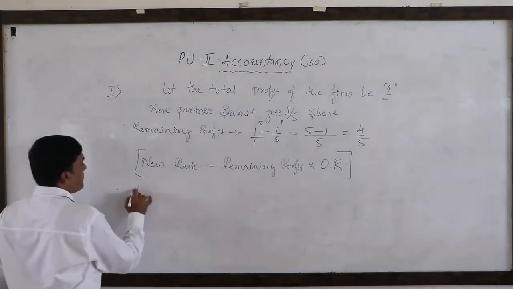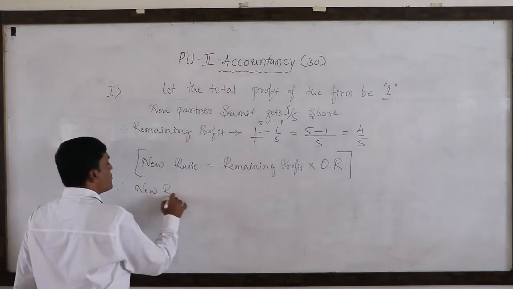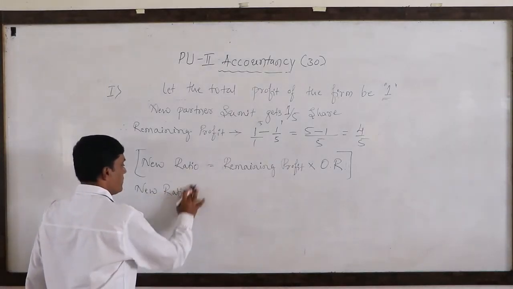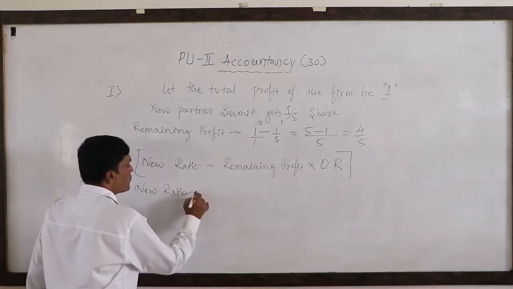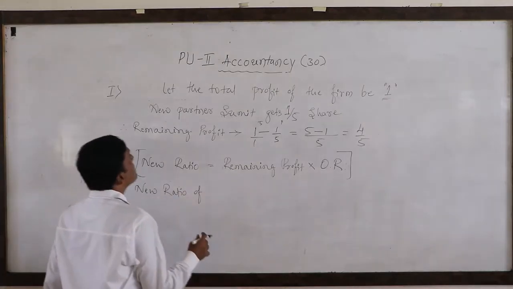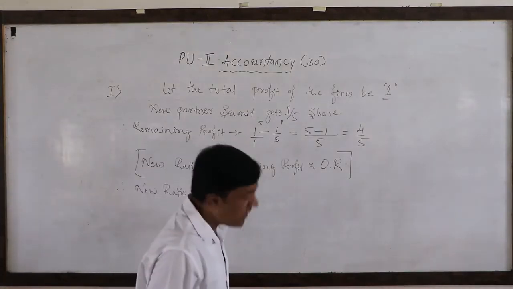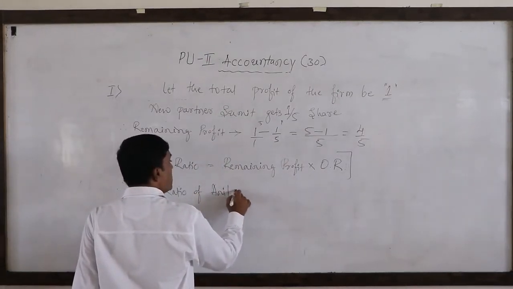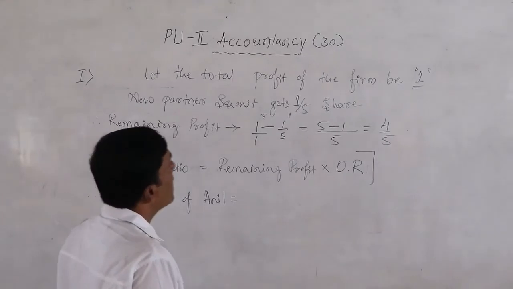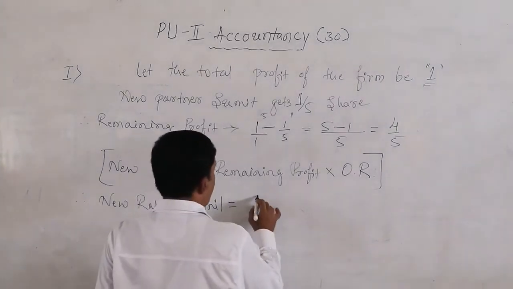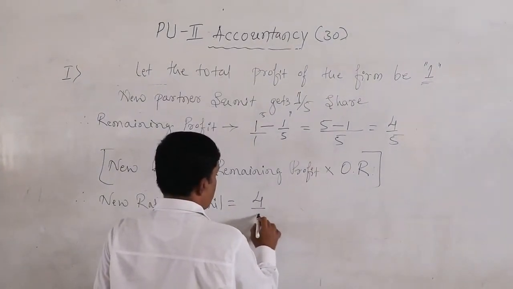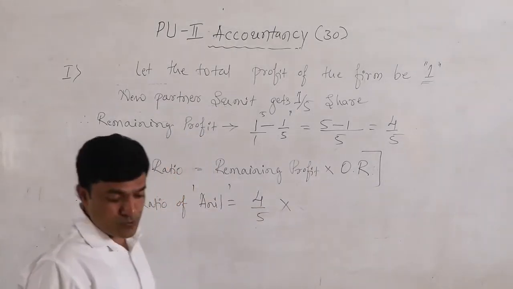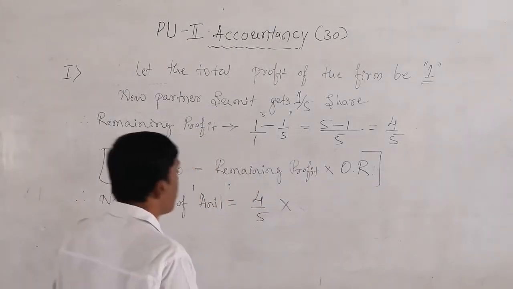New ratio of the first fellow, Anil, is equal to remaining profit 4/5 into Anil's old ratio, that is 3/5.